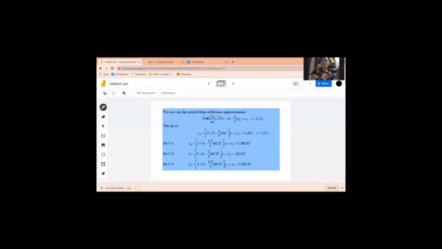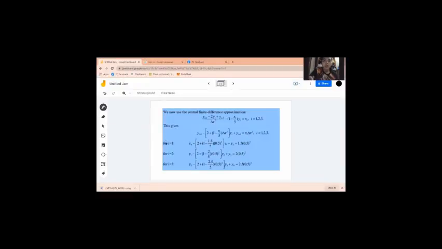Transposing, this gives y sub i plus 1 minus 2 plus (1 minus x sub i over 5) delta x squared y sub i plus y sub i minus 1 is equal to x sub i delta x squared.